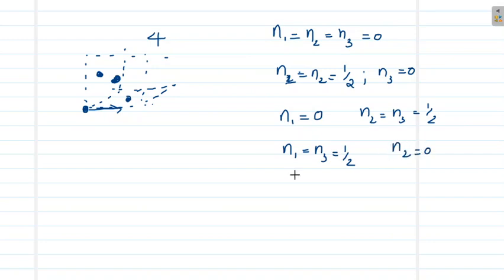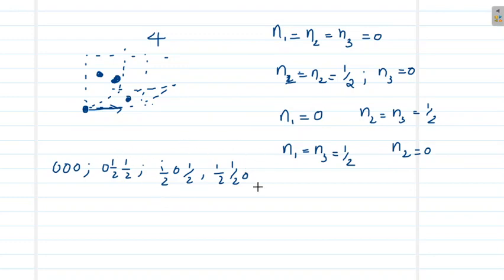So these are the position coordinates of the atoms present in the basis of an FCC lattice. You can remember like this: 0, 0, 0; 0, 1 by 2, 1 by 2; 1 by 2, 0, 1 by 2; and 1 by 2, 1 by 2, 0. These are the position coordinates.